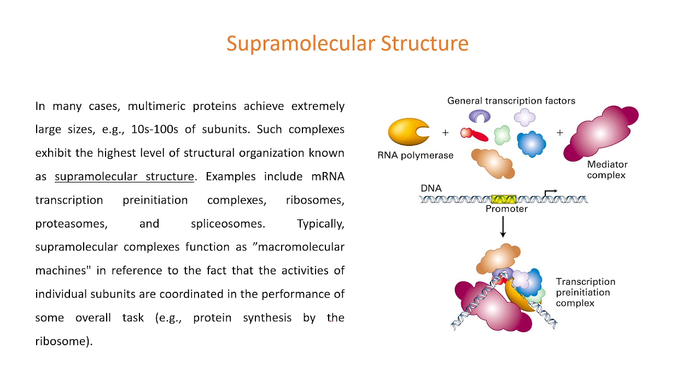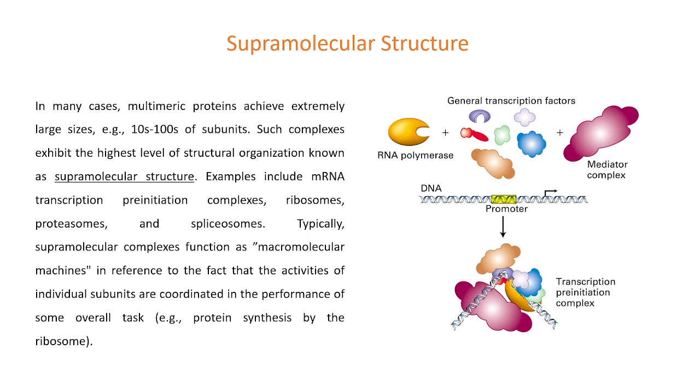So now coming to the supramolecular structure. In many cases you have seen that multimeric proteins have very large sizes, possibly tens to hundreds of subunits, and these complexes have a very high level of structural organization, which gives it the name supramolecular structure.